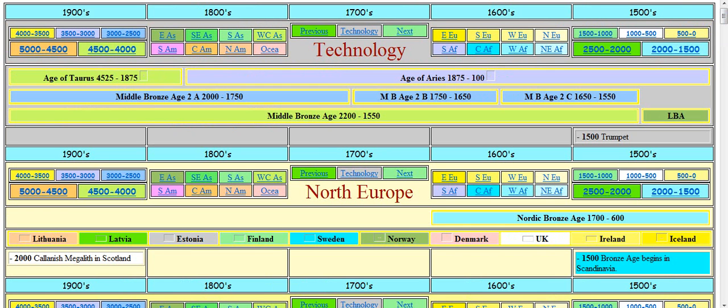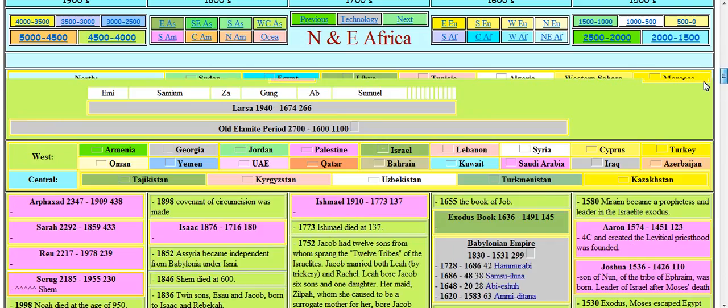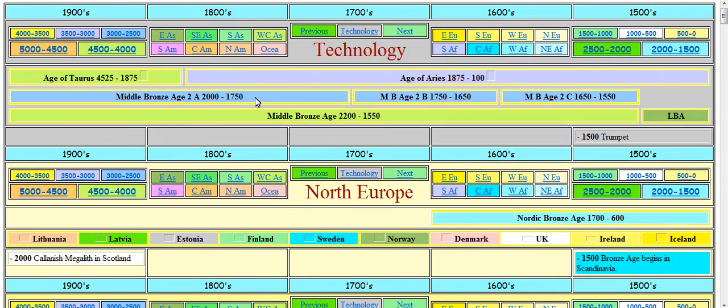So in this one, here's technology. Here's a sample of a page where you have all the different areas of the world all on one page, because my computer can still handle this. This is BC, so I can show you how the links work on it. We're looking at technology now, like the ages of Taurus and the Bronze Age, stopped here, and then Middle Bronze Age to here.